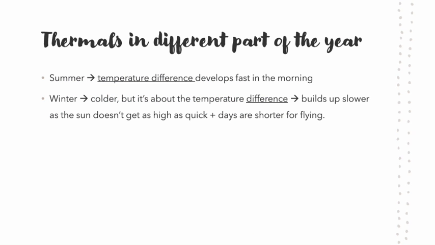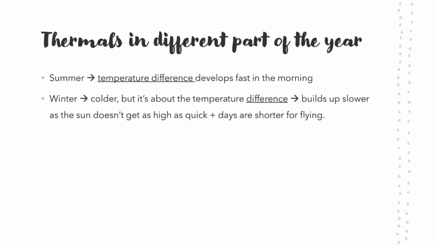With the information we just spoke about, like how thermals form, you can start theorizing and seeing why thermals in summer are often bigger, stronger, and more aggressive, because the temperature difference from night to day happens a lot faster in summer.